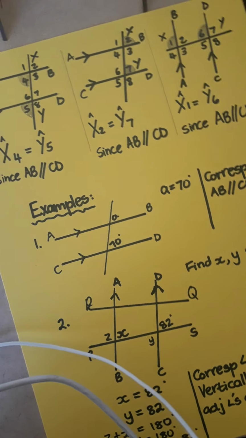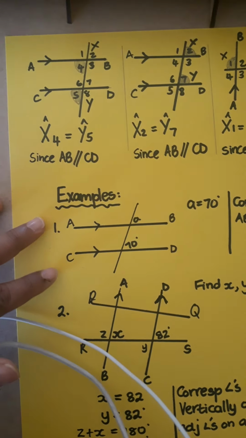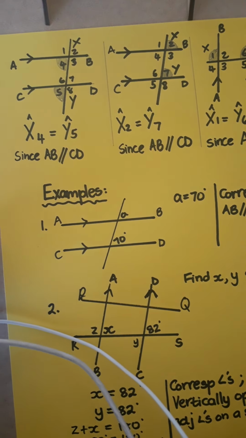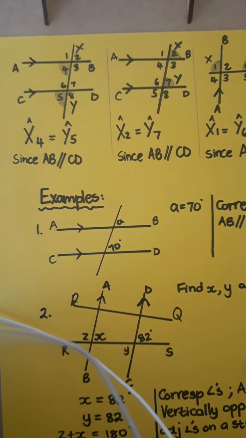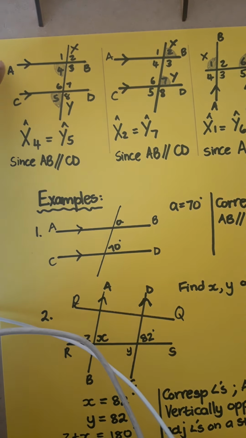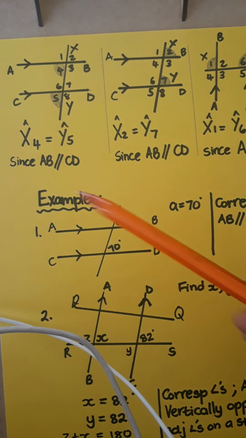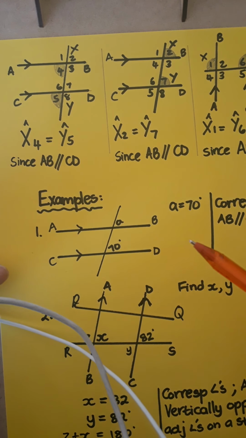Well, let's go on to further examples. These are just examples of other angles. So we've got AB is parallel to CD. We've got X4 is equal to angle Y5. Right? They are equal to each other because AB is parallel to CD.